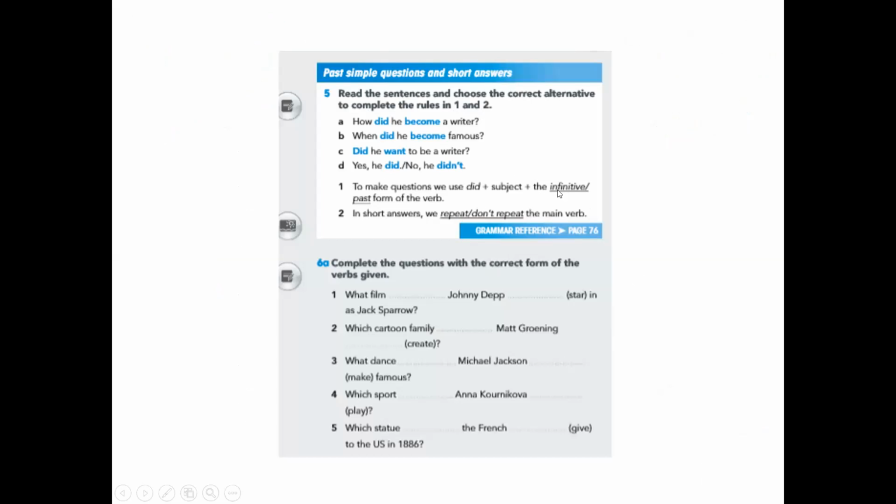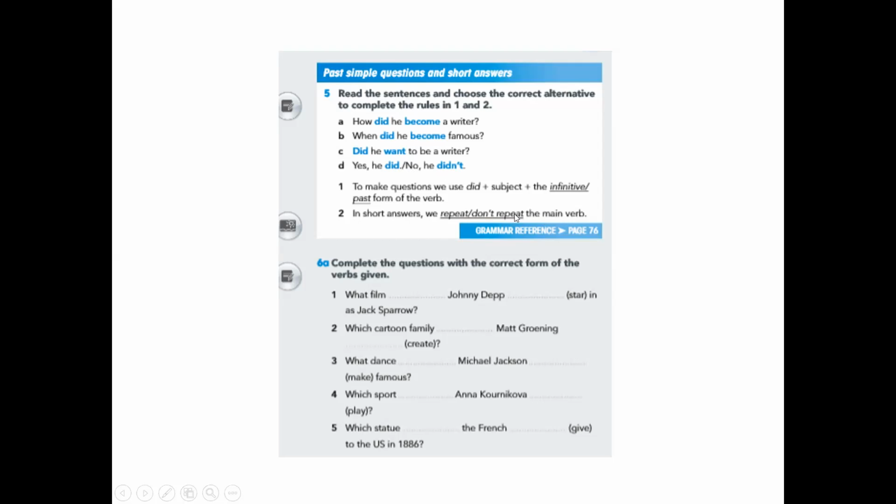Yani bundan sonra verb 1, verb 2. Second, in short answer, kısa, kısa. We repeat or don't repeat the main verb. Fiili burada tekrarlıyor muyuz? Tekrarlamıyor muyuz?